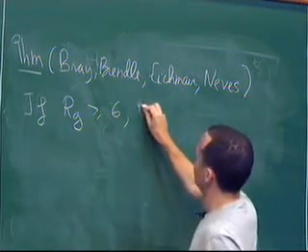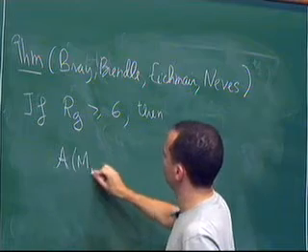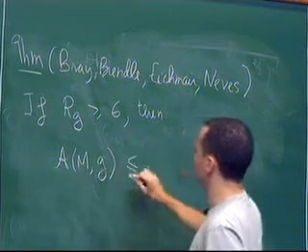Then this invariant, the minimum area, has to be at most 2 pi.